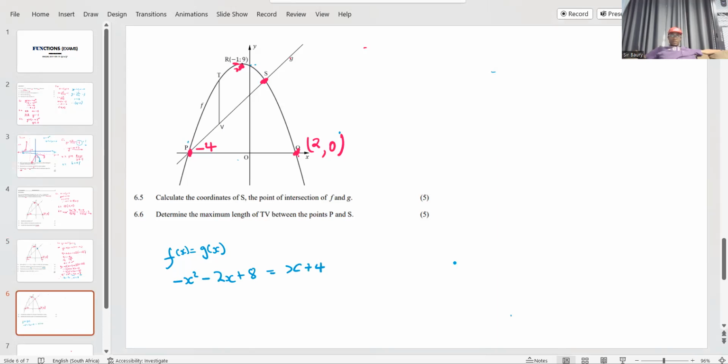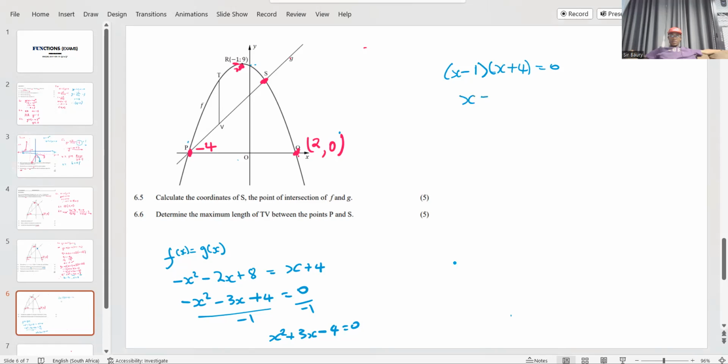Then I solve this. So I'm going to have -x squared minus 3x plus 4 equal to 0. Divide everything by -1. Then I'm going to have x squared plus 3x minus 4 equal to 0. When I find the factors, it's (x plus 4)(x minus 1) equal to 0.